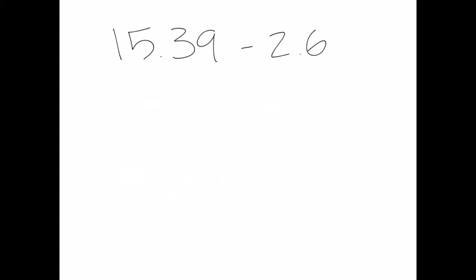Then 4, 8, 8, 2, which is going to be the same answer, and then 2, 1, so we have 2, 1, plus 3, and then this is 1, 2, 3, equals 2.884. And that's the answer for this one.